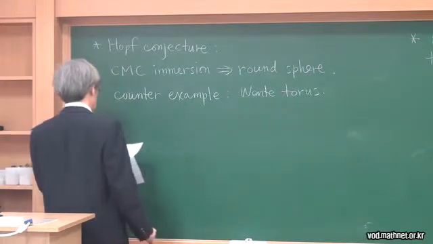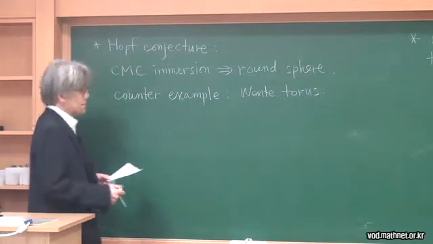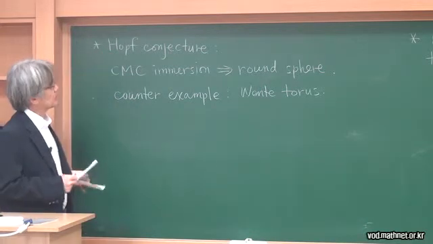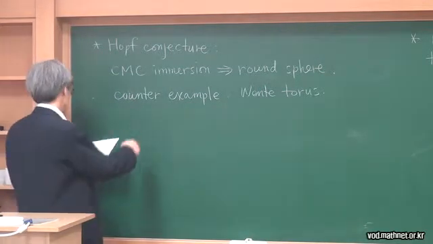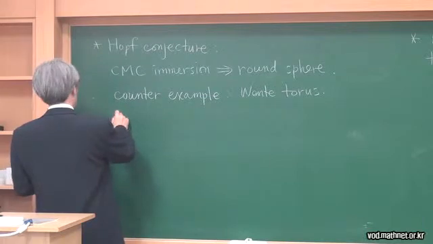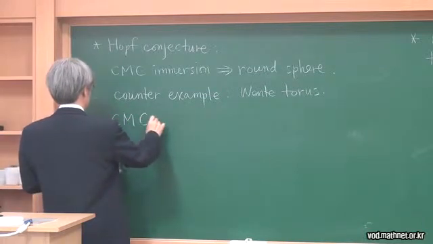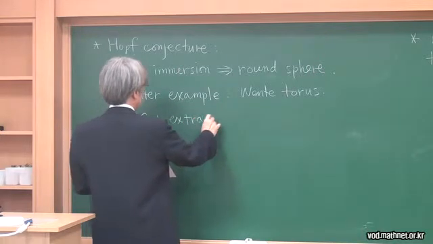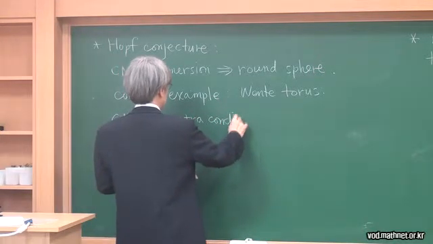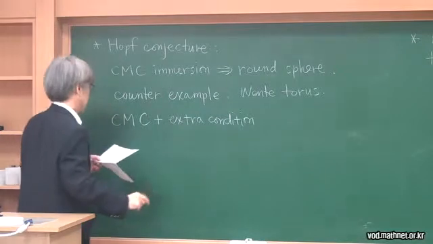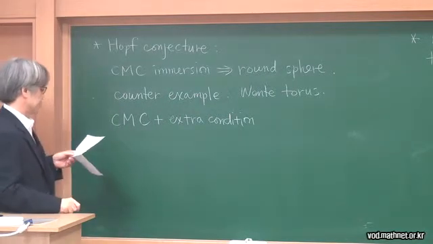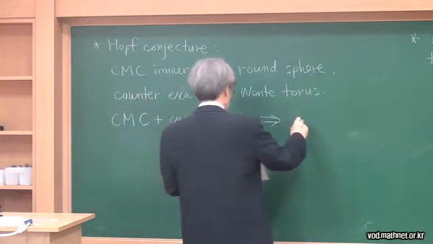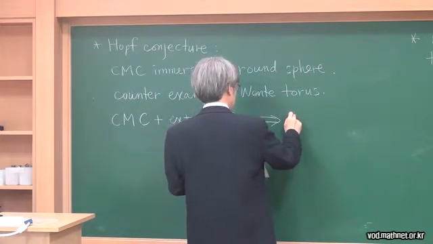But still, people would like to make this conjecture, in a sense, true. So we want to add an extra condition to the CMC condition, so that the immersion becomes a round sphere.